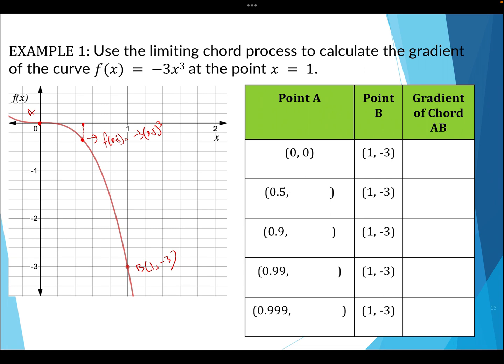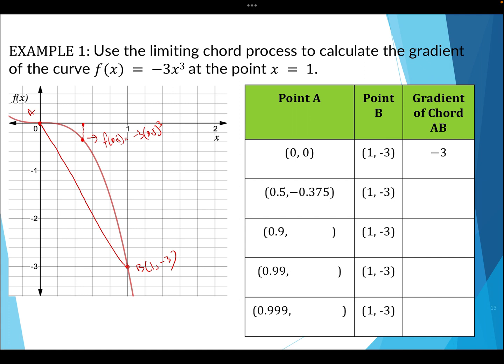Alright, try this. If I start from A here and point B here, if I draw a straight line, you can see that the average rate of change, or the gradient of chord AB, is minus 3. Keep going.